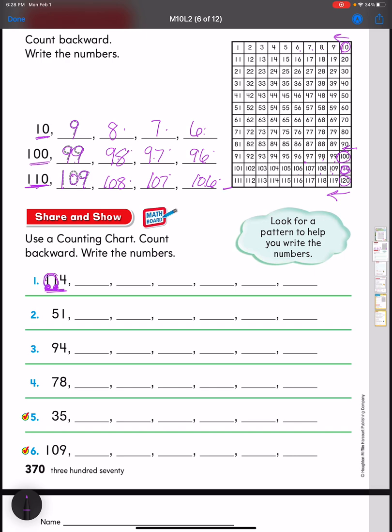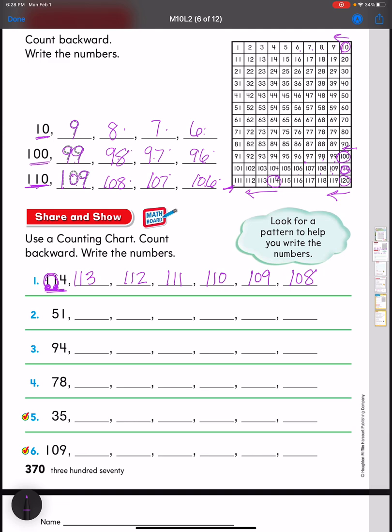And I can see that there. And so I'd go across until I find 114. Remember, we're going backwards. So 114, 113, 112, 111, 110, 109, 108. You're decreasing by 1.